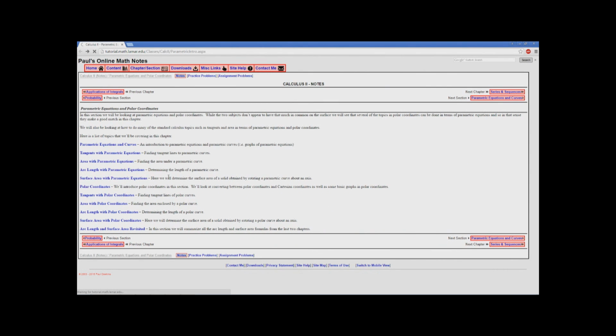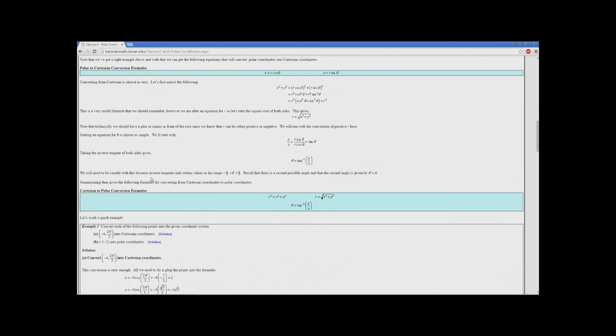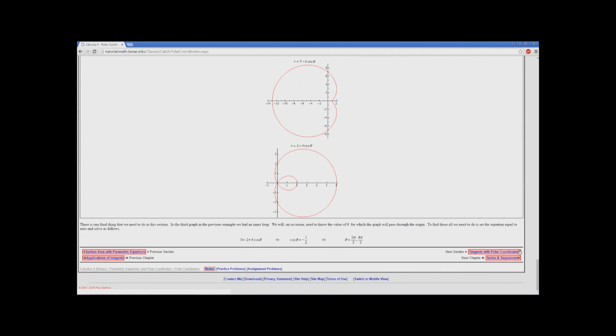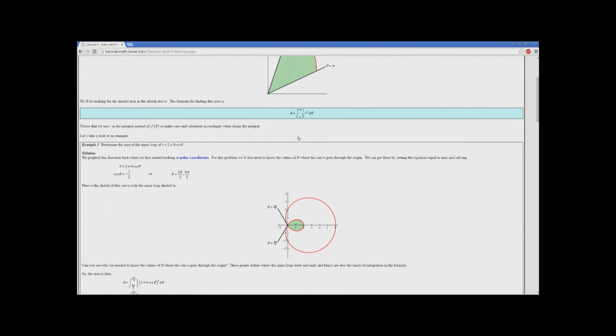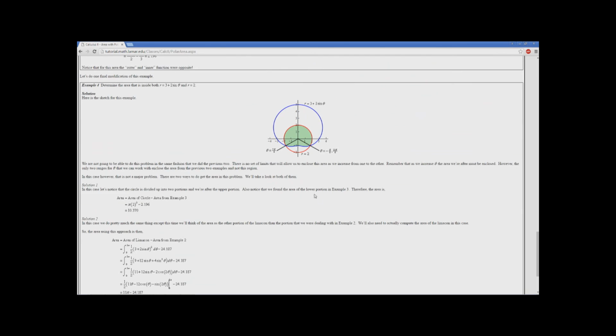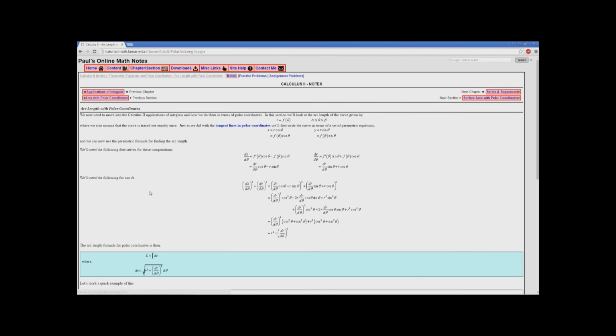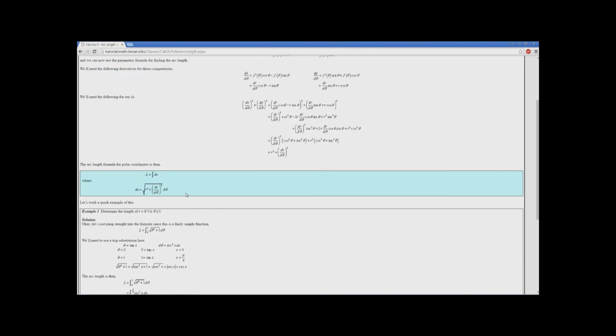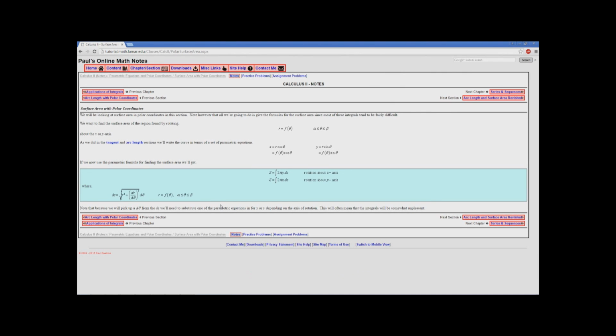Specifically for polar coordinates, we have the Cartesian polar coordinates, we have derivations of formulas, we have tangent lines, goes over the basics, and we have area, which is the 1/2 r squared d theta, and we also have arc length, where there's a really nice formula instead of using the standard formula, and it even goes into the 3D if you want to learn about this 3D stuff.